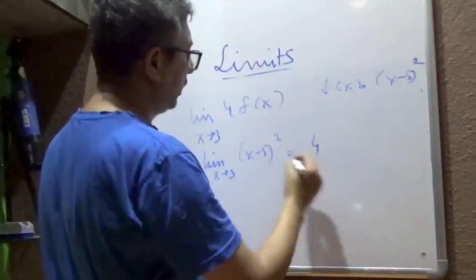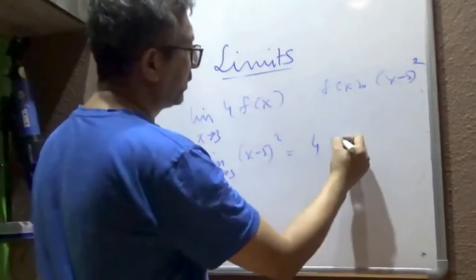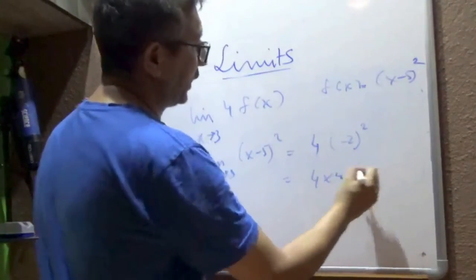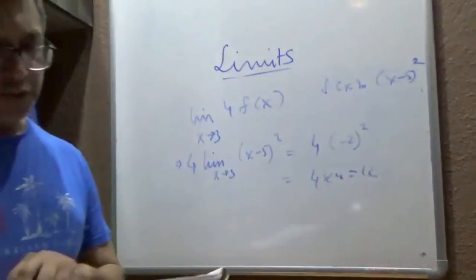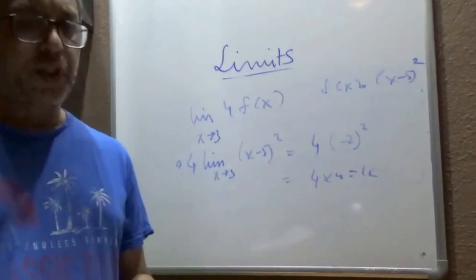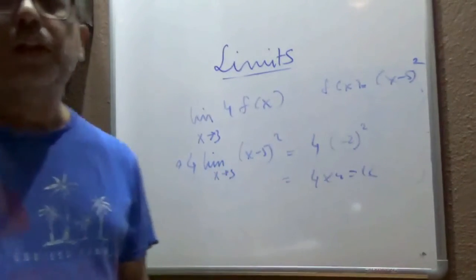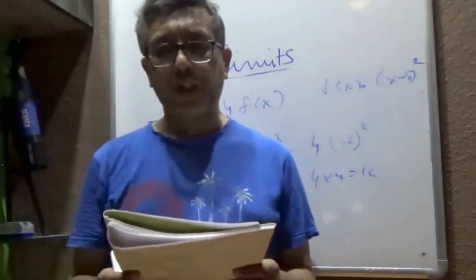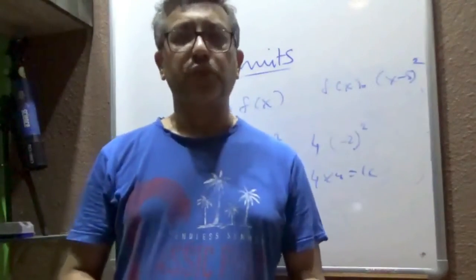So it becomes 4, substitute that, (3 minus 5), which is minus 2, whole square, which is 4 into 4, 16. Okay. So that's how you do the direct substitution. In the next one, we will look into where the direct substitution method doesn't work, and we will figure out what we can do in those situations.